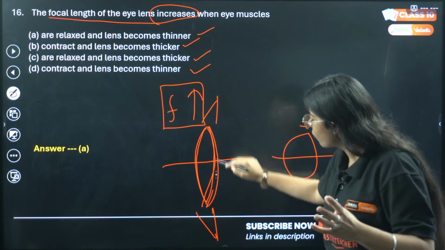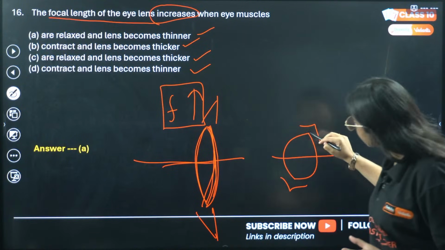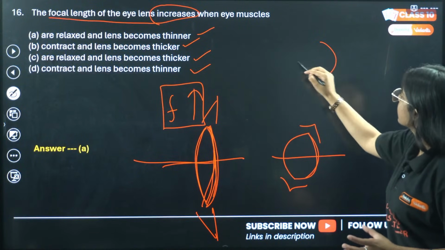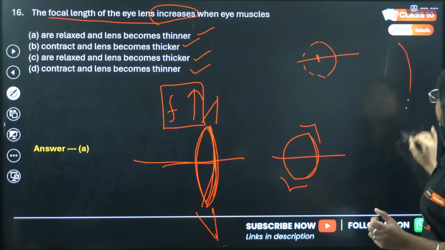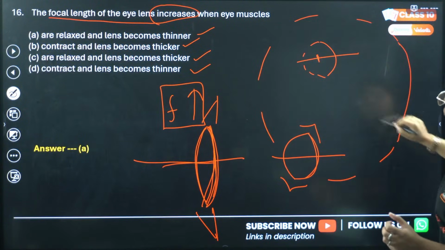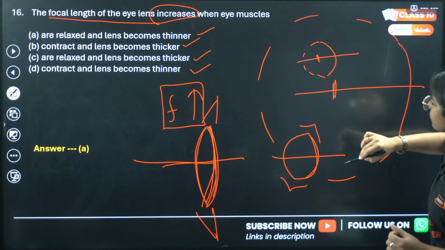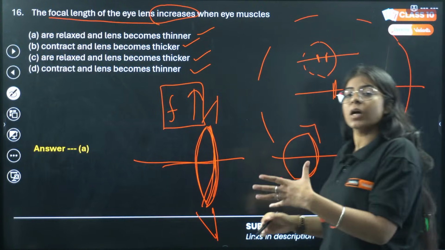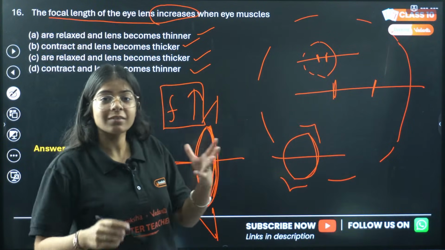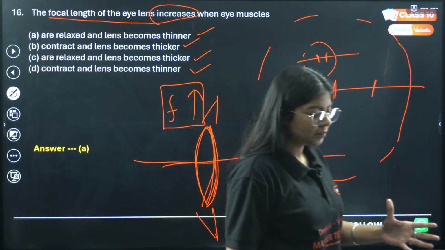Of course, its focal length is more than this focal length, right? This completes its circle like this, so its center of curvature is here. This completes a circle like this, so its center of curvature is here. So its focal length will be here. So whose focal length will be more? The one with the thinner lens will be more, right?